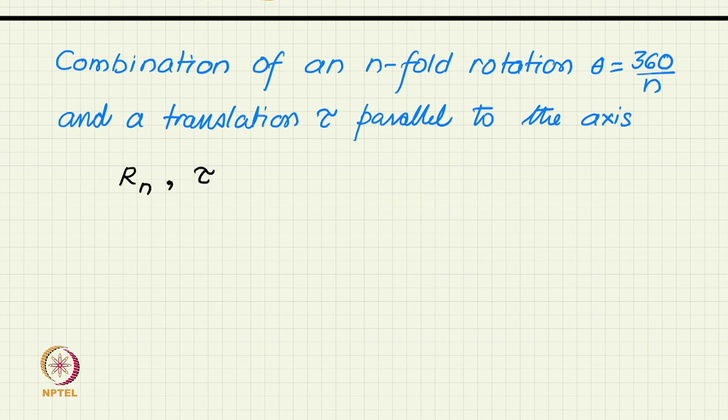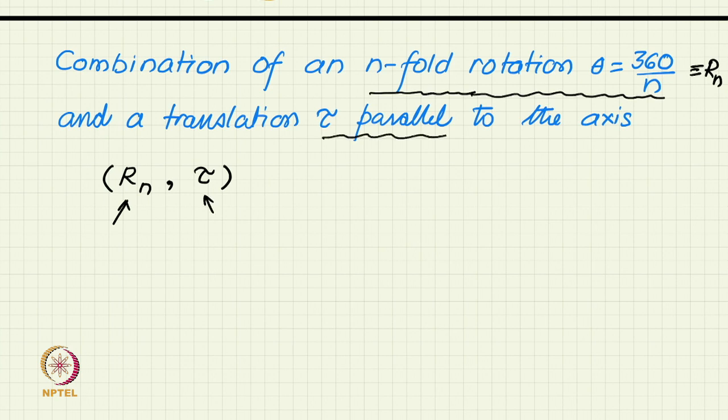So, I write it as R n tau. R n is this rotation, n-fold rotation by 360. So, let us call that R n, and tau is a translation parallel to the axis.